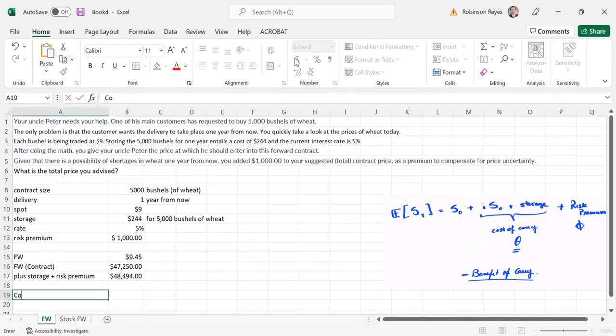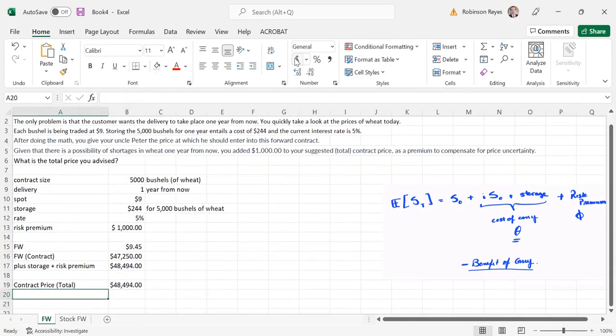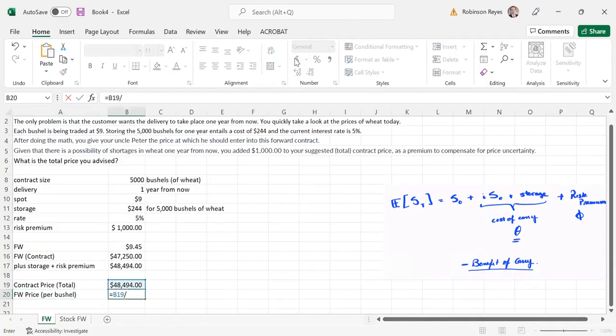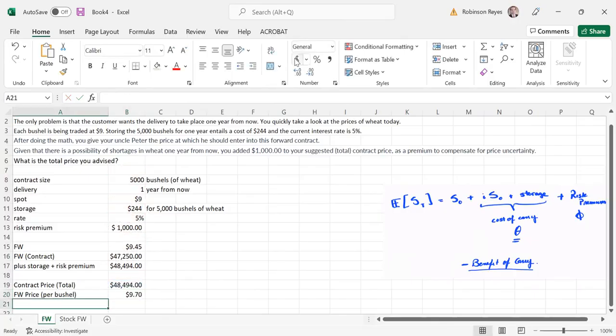And we can have the contract price total, which is going to be this, or we can have the forward price per bushel, which is basically this divided by 5,000, right?